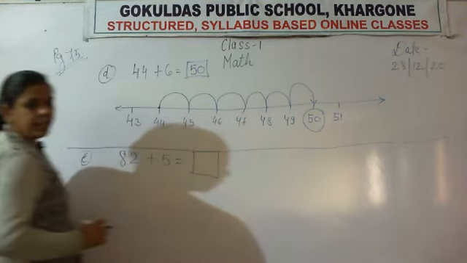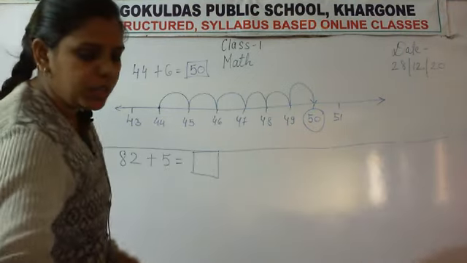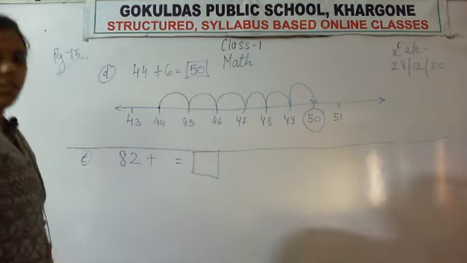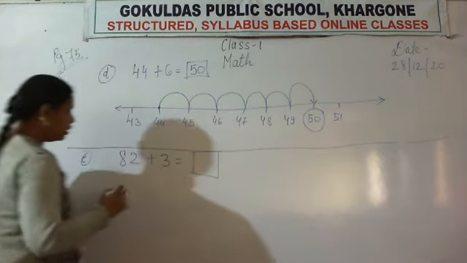Okay. Now again draw the 82 plus 3. So draw the number line.